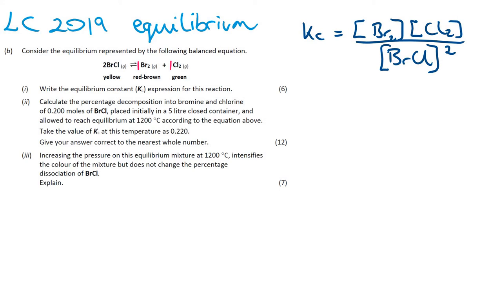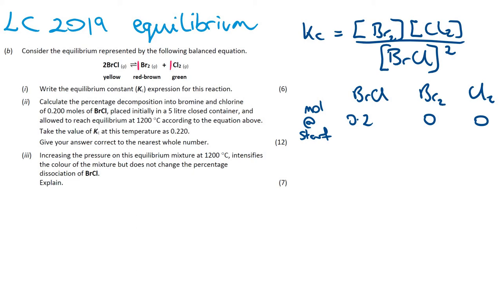So when we're using Kc, we're going to start here, and I'm going to write moles at the start of, first we've got bromochloride, then we've got bromine, and we've got chlorine. So the moles at the start, you're told that there's 0.2 moles. I'm just going to leave it like that, 0.2. At the beginning, there is no bromine and no chlorine present. Now, next thing we're going to look at is our moles at equilibrium.